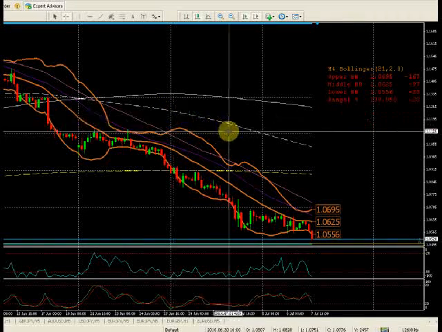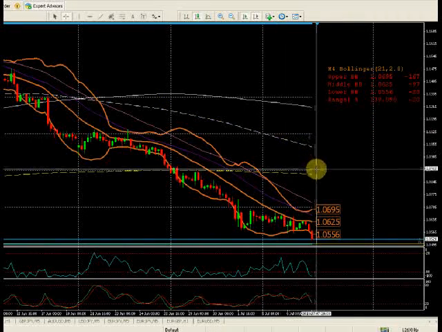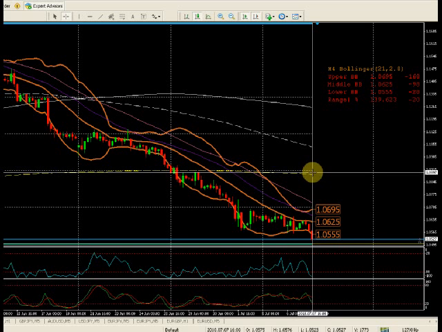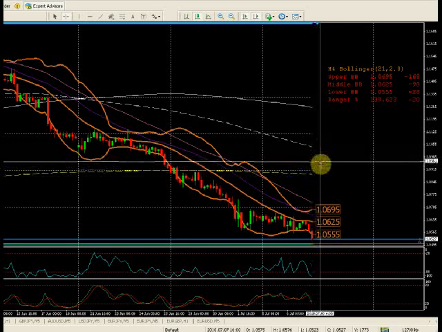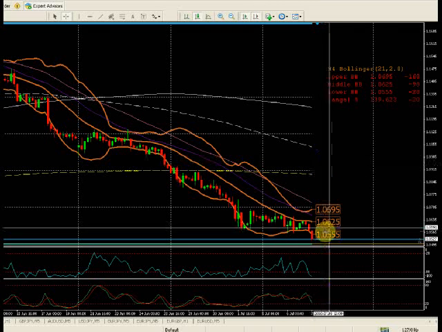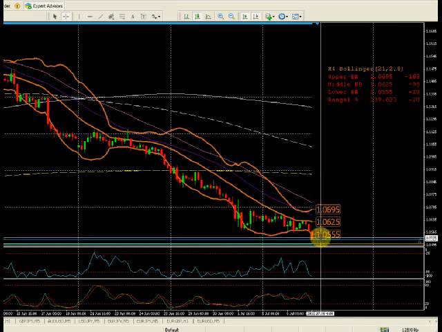E1 line coming down. E2 line is pretty much horizontal, right? So now what I'm expecting is that once these two do tag, I feel that this dollar Swiss will now make its way back up.